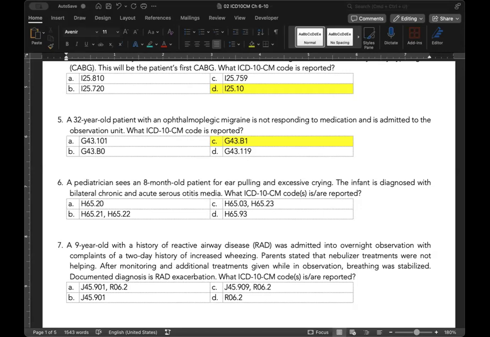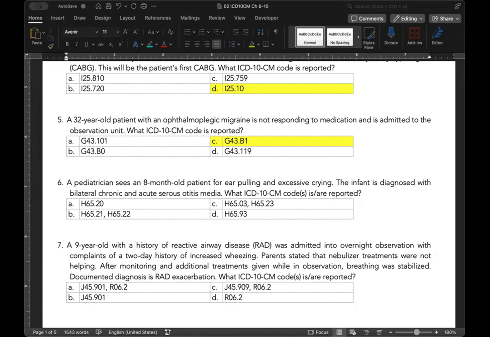Dawn, you are under recurrent, so you need to go down to serous. So yeah, H65.0. So we're looking at the acute version first.